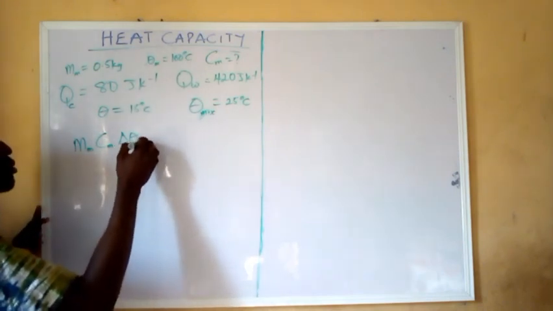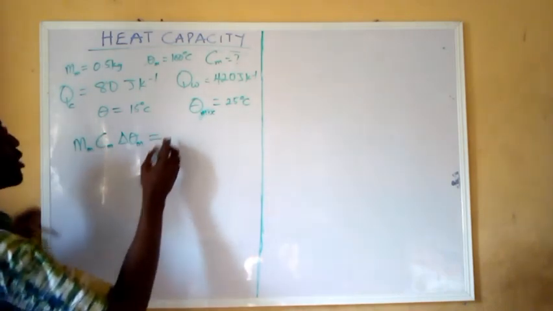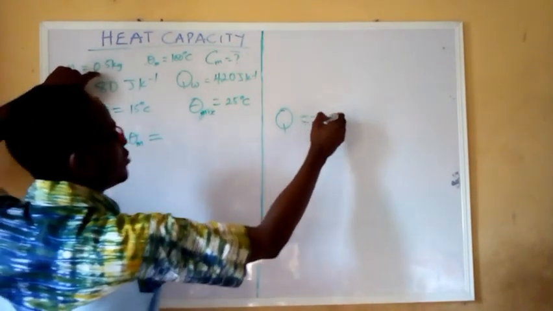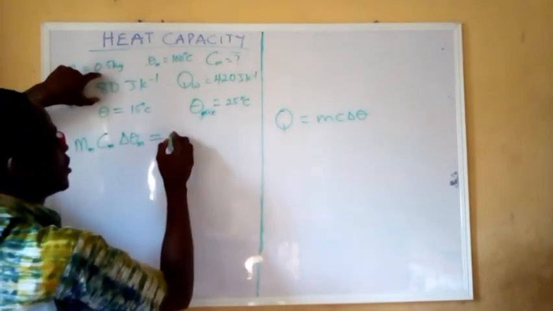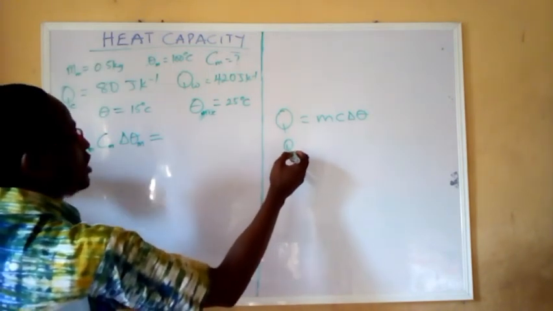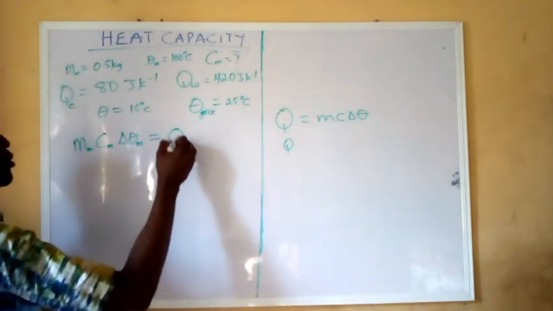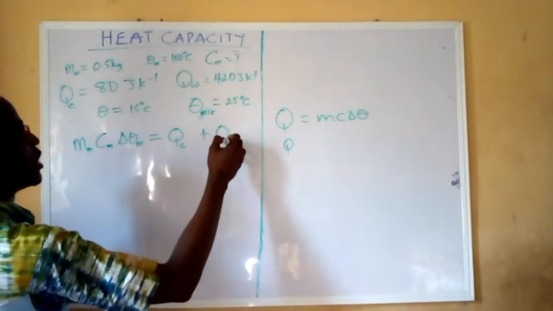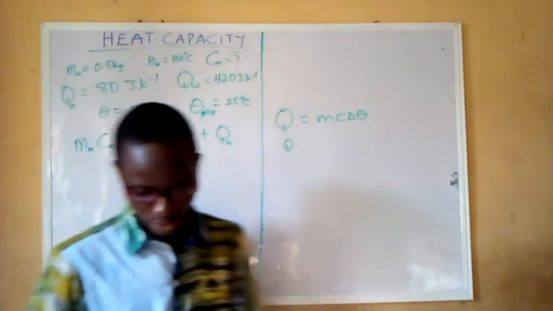On the other side we have the calorimeter, and we are given the heat capacity of the calorimeter. So Q of the calorimeter plus Q of the water, and don't forget there is a change in temperature which we need to relate to them all.